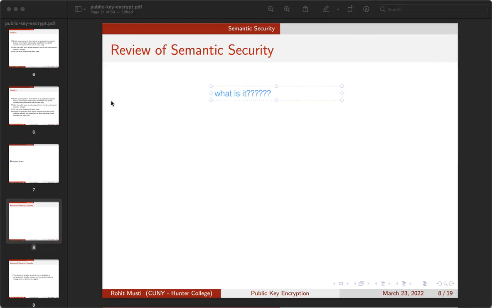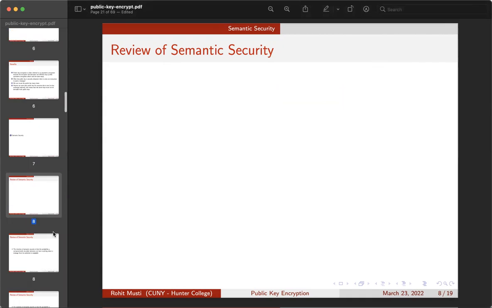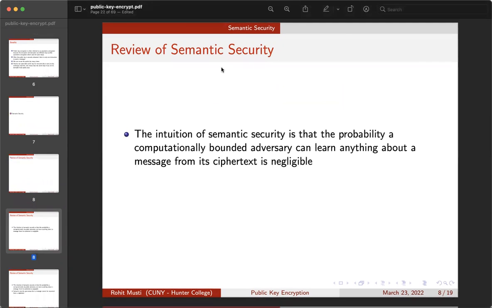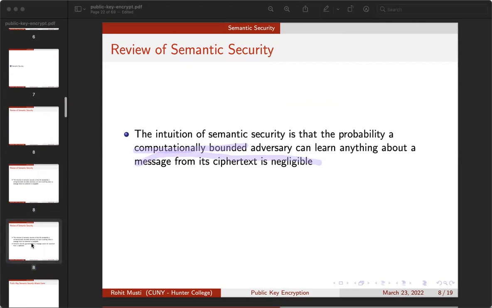Yep. So you are entering the ballpark, Jared. That's pretty close. So the intuition of semantic security is that the probability that a computationally bounded adversary can learn anything about a message from its ciphertext is negligible. So that's pretty on target.